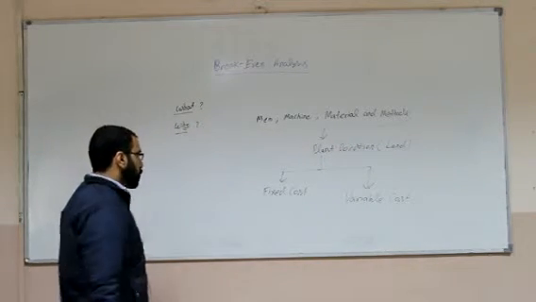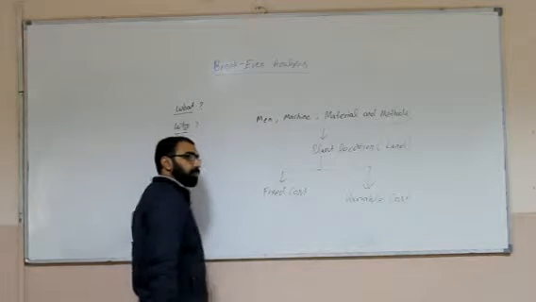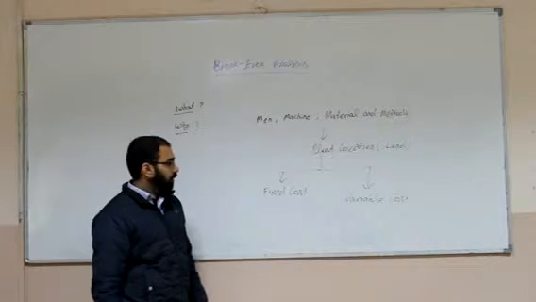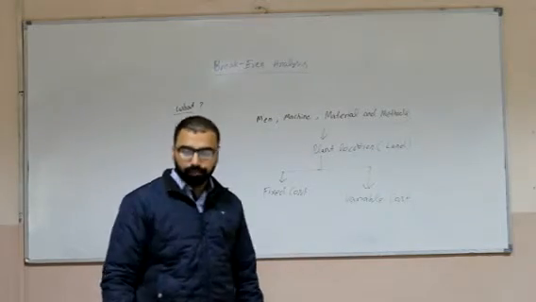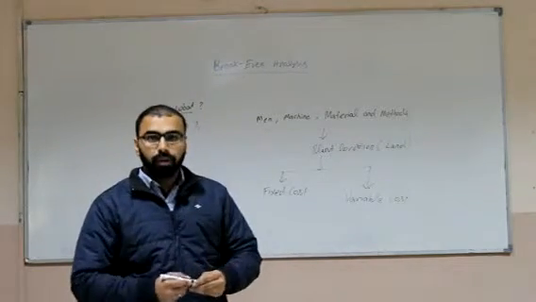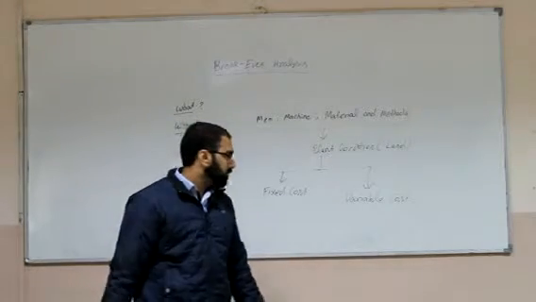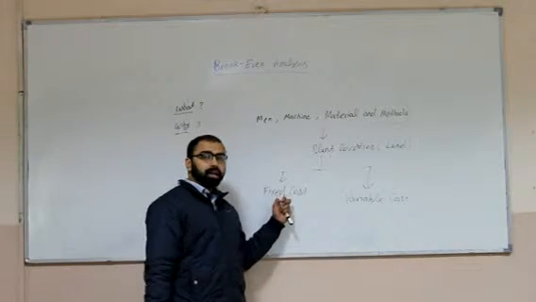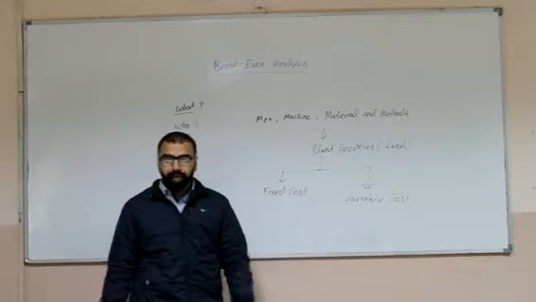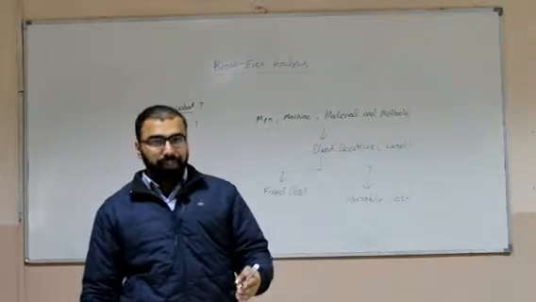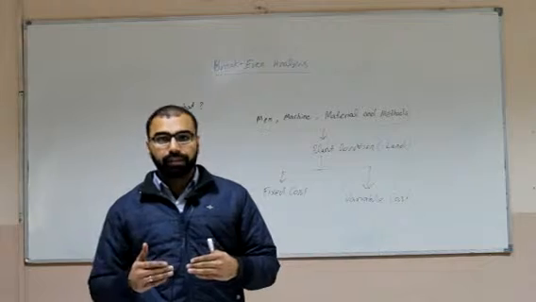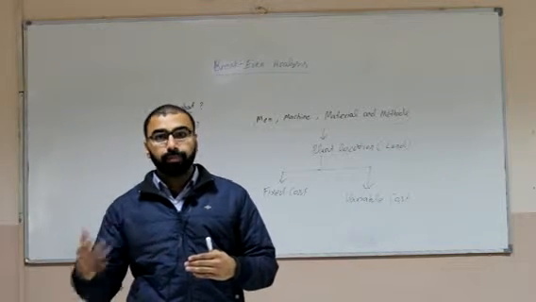In fixed cost, for example, if I am establishing an industry, I must have some initial money, finance, that I will borrow from outside, or even if I have my own money, that will give me interest per month, per year.